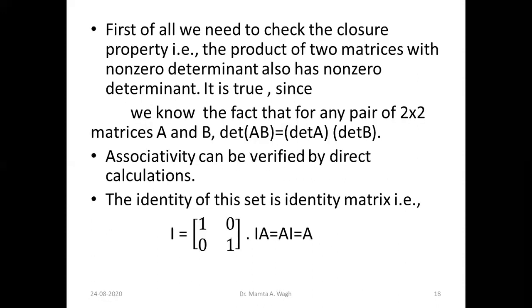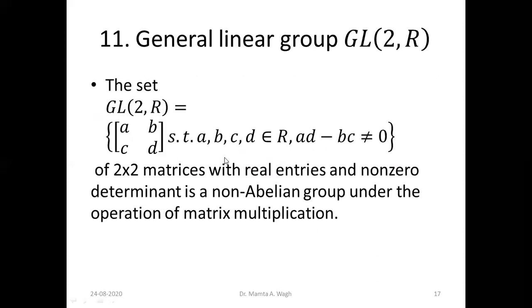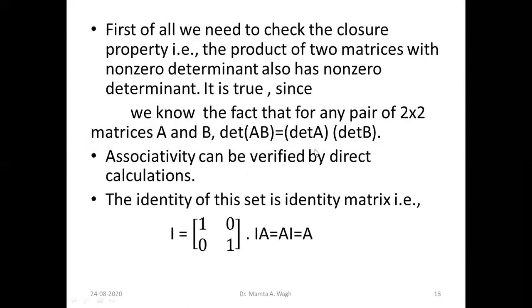That is clear from the result you already know: determinant of AB is equal to determinant of A times determinant of B. So if these two are non-zero, the determinant of AB will also be non-zero. That means if you multiply two matrices, the result comes from this set GL2R only. So it is closed under matrix multiplication. The next property to check is associativity. It is a little long method, but you can check it with the help of calculations.